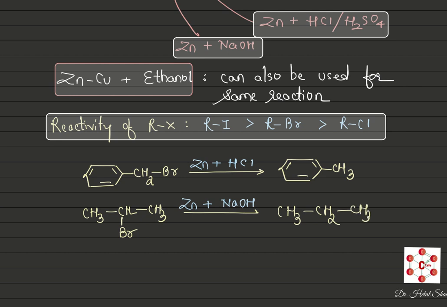Some basic examples where every time we disconnect halogen and replace it with hydrogen. Right? We disconnect it and replace it with hydrogen.